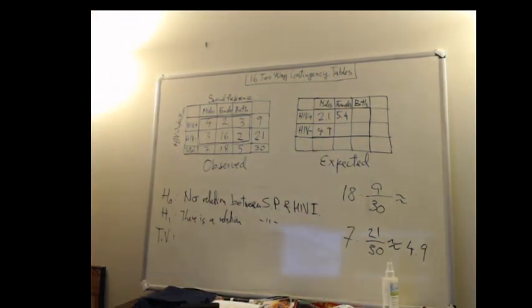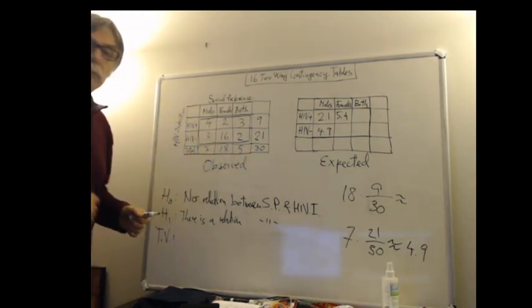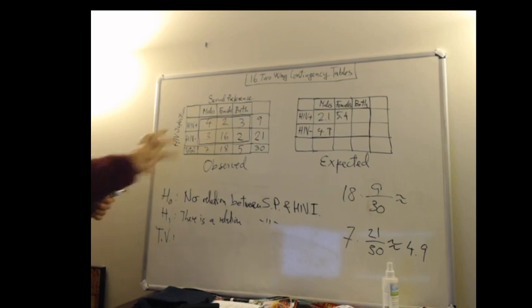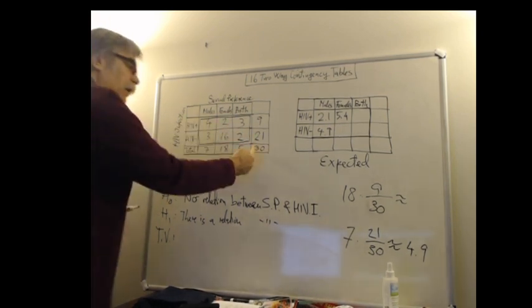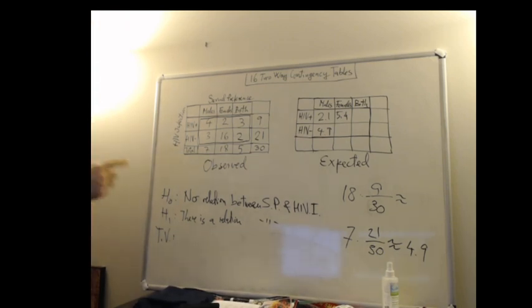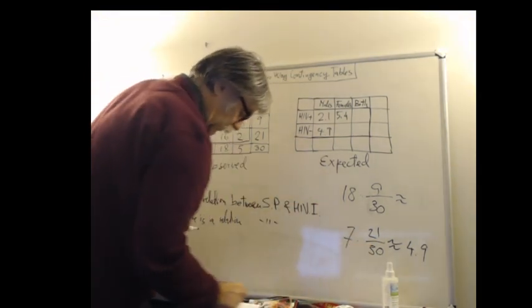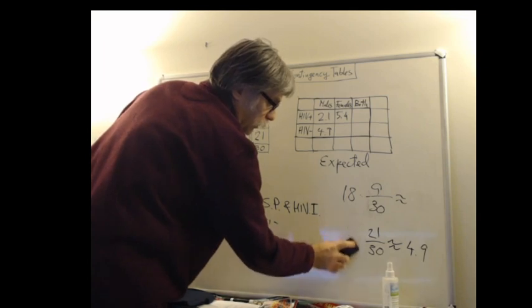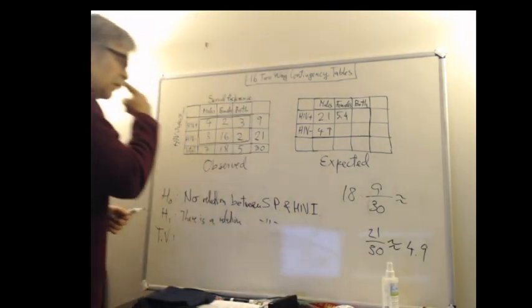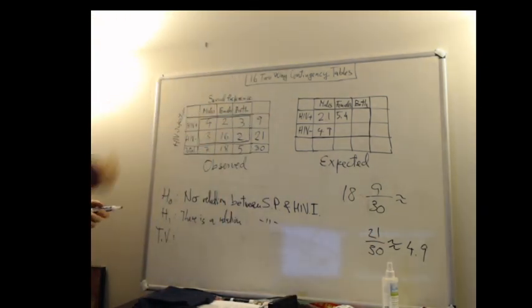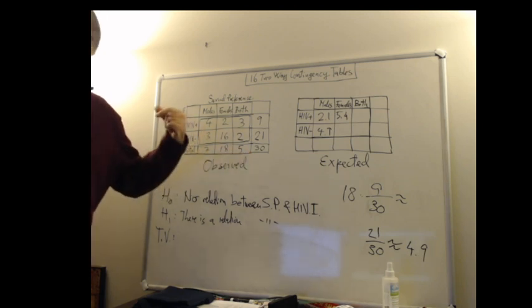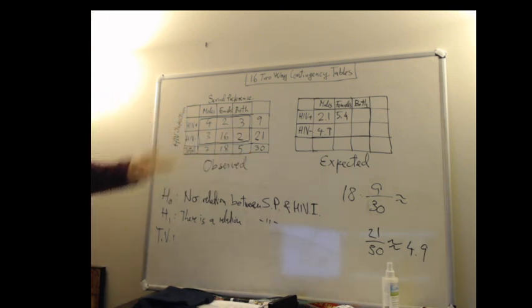Again, I have 21 out of 30, the total number of people that are HIV negative, which is 70%. How many straight guys do I have in total? 18 out of 30 that were tested are straight.